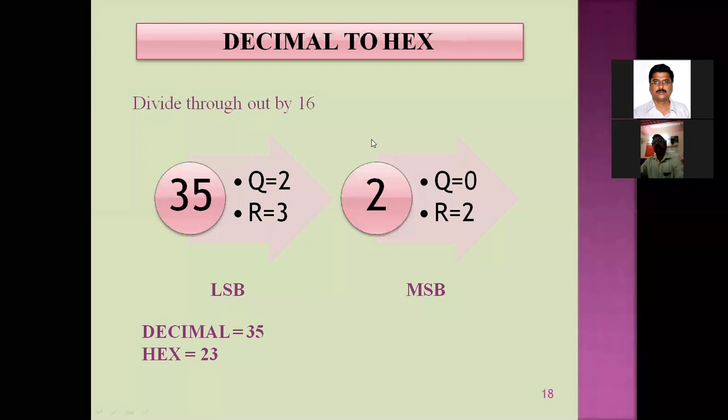At each step, after division, note down the quotient and the remainder. The new quotient is again divided by 16, until the quotient becomes less than the divisor. Then you get the hexadecimal number.